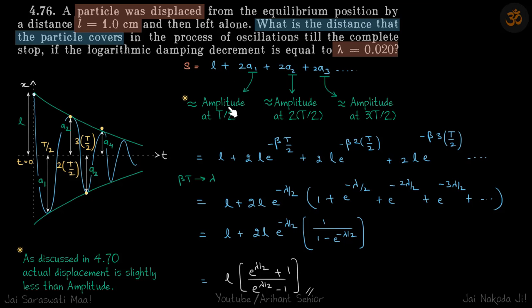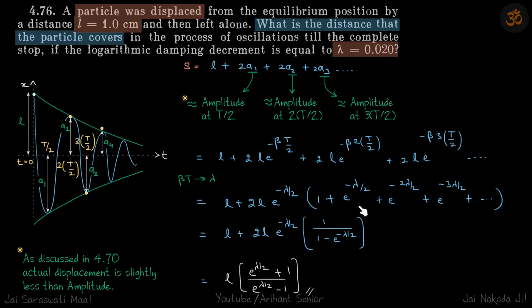So now let's write the values of these amplitudes. Initially it is L, then twice A1, so twice L e raised to the power minus beta t/2, because time is t/2, then time is 2 times t/2, then time is 3 times t/2. Beta t is lambda, which is given to us, so we can write this equation as this.